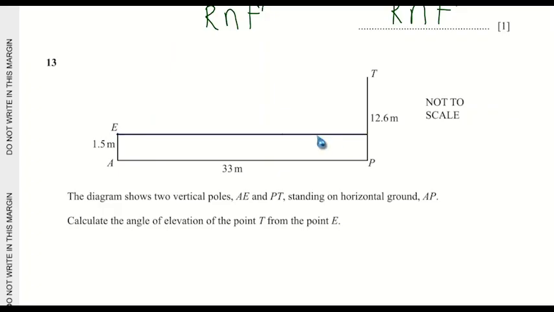We want to get the angle of elevation of the top T from this point E. So this is the angle we want to get. Let's call this theta. So this line is 33 meters and this is 1.5.